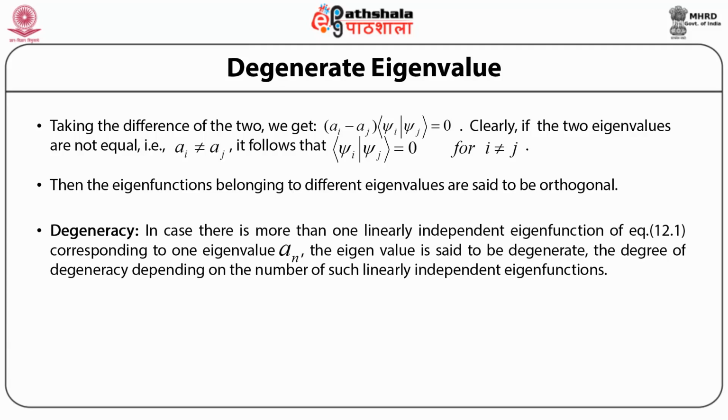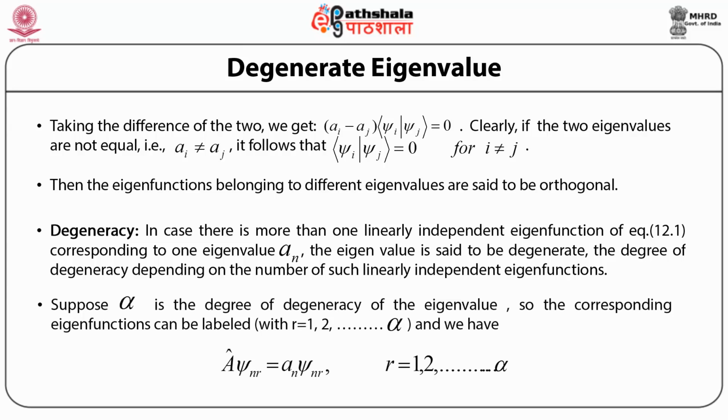In case there is more than one linearly independent eigenfunction of equation 1 corresponding to one eigenvalue a_n, then the eigenvalue is said to be degenerate, the degree of degeneracy depending on the number of such linearly independent eigenfunctions.